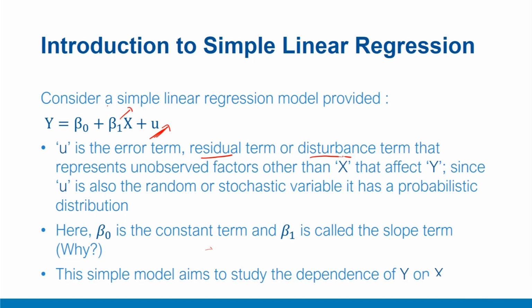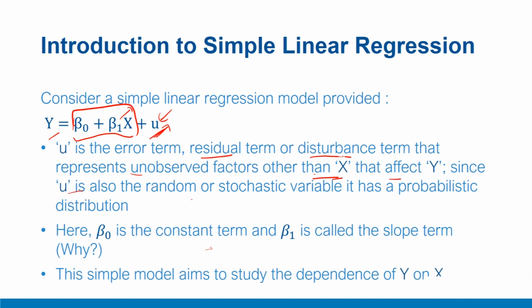So in this model we are trying to explain the effect of this part on y. Those factors which we cannot explain or are not part of this model are aggregated or considered to be part of this error term. These are unobserved factors that reflect variables or factors other than x that affect y.